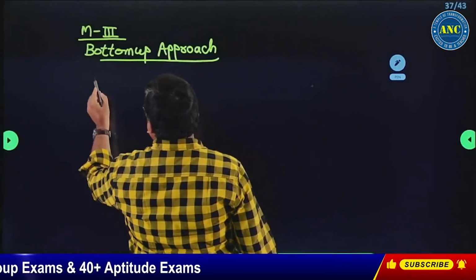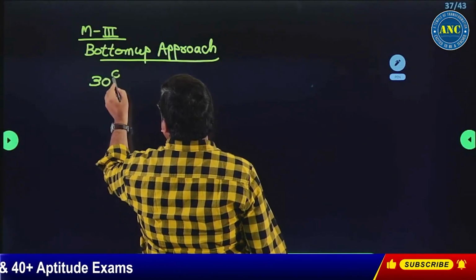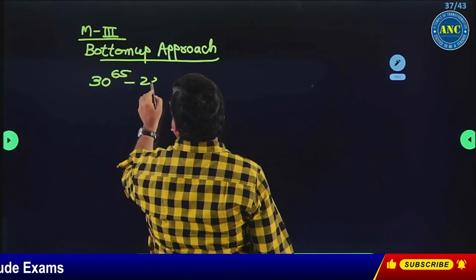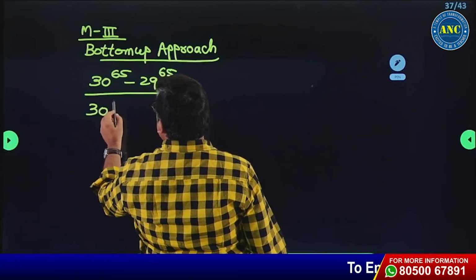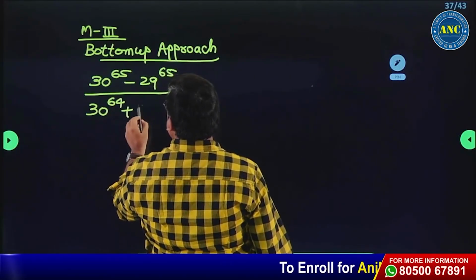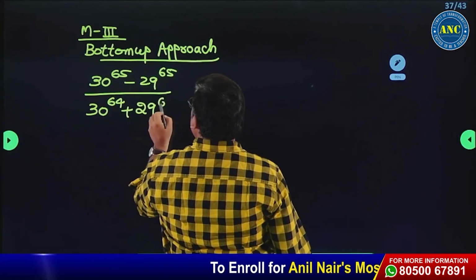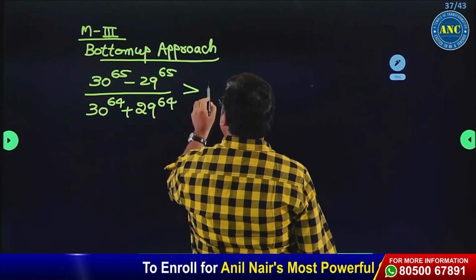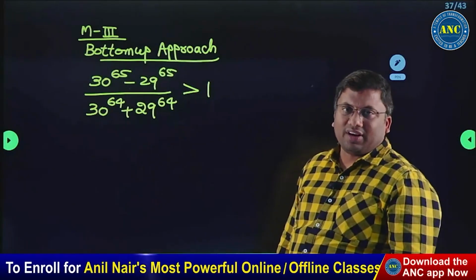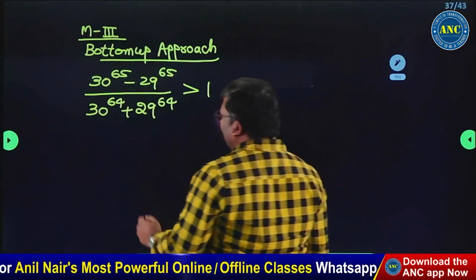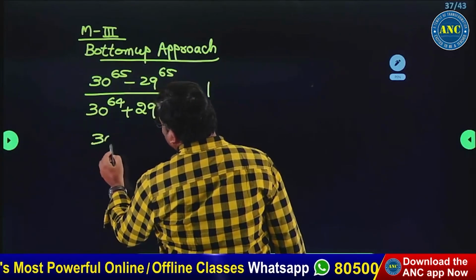So, it is 30 power 65 minus 29 power 65 divided by 30 power 64 plus 29 power 64. If I assume that the fourth option is right, what is the fourth option? It is greater than 1. Let me check whether it is right.